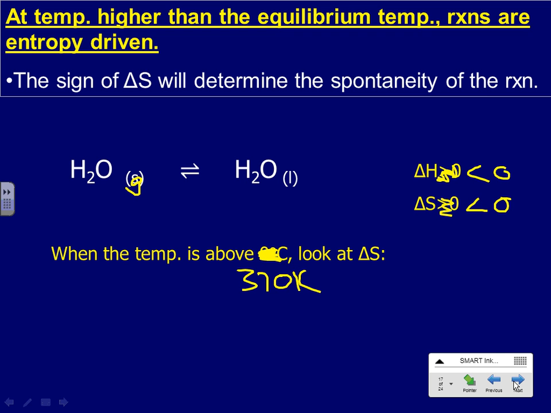So in this case, when the temperature is above the equilibrium temperature, we're looking at the delta S. So since the delta S is negative, what does the universe think about entropy decreasing? Does it like it? No, that's becoming more ordered. So since delta S is less than 0, therefore non-spontaneous, all right? Not spontaneous.